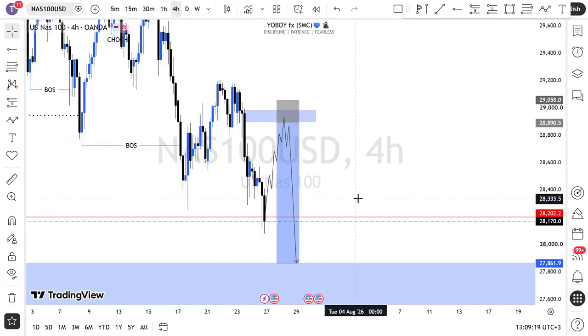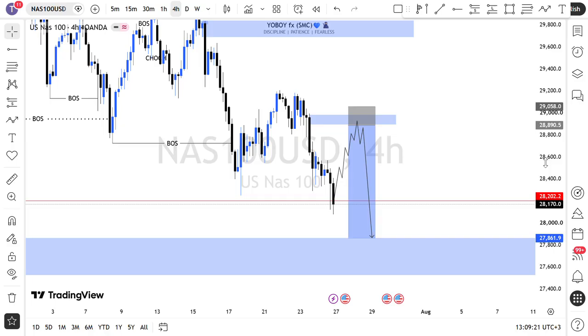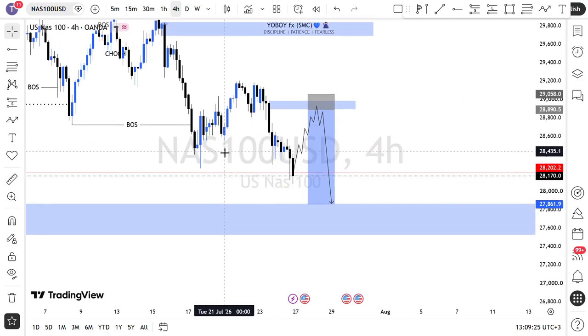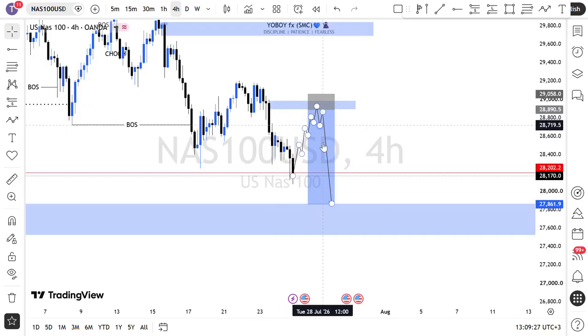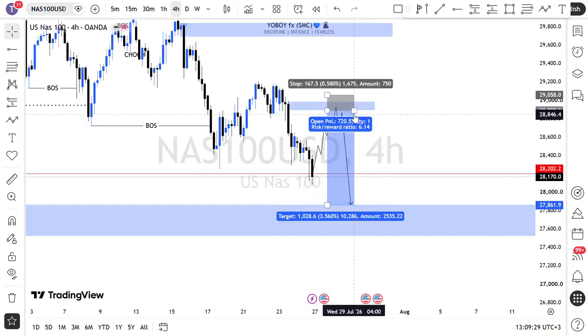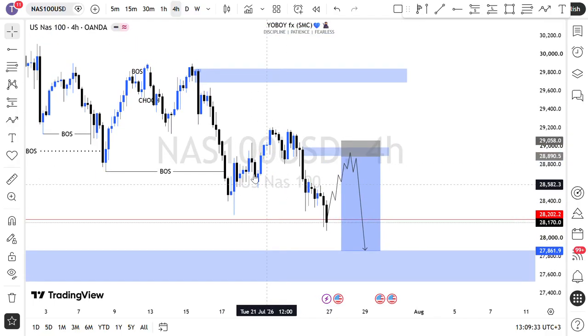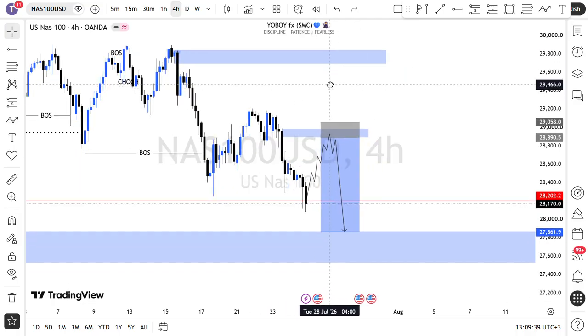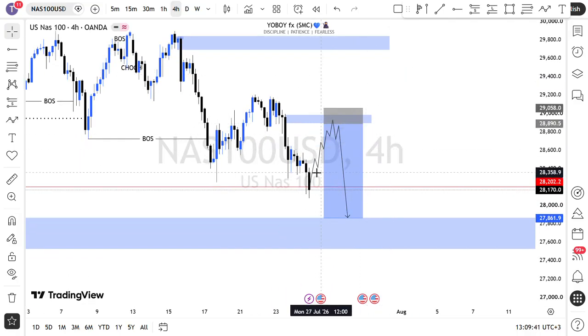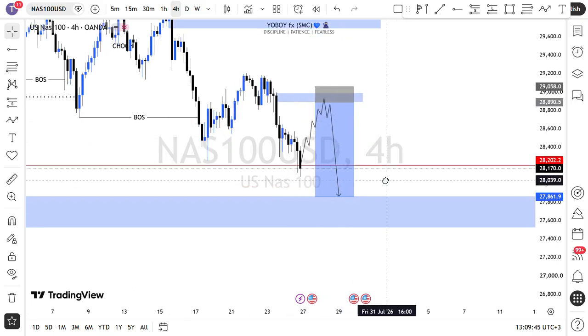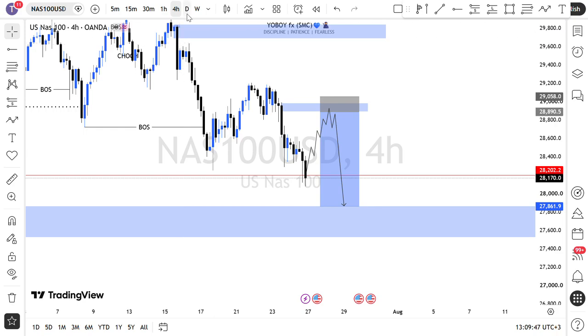Because of that daily fair value gap, I expect price to be pulling back to that fair value gap, fill in that fair value gap, and then we look for our trading opportunity from that area to the downside. So price failed to come into this power order block that we had up here, and therefore we just expect price to have a pullback, let's say maybe into this area, and then we have price dropping to the downside.